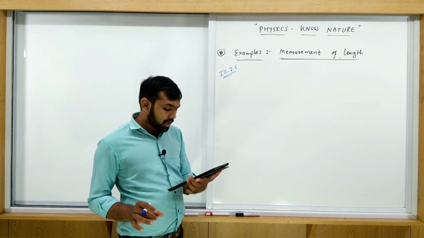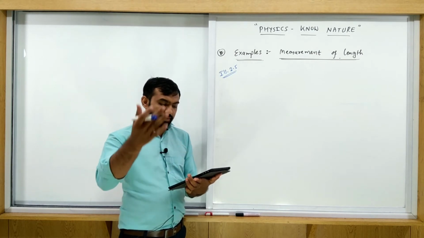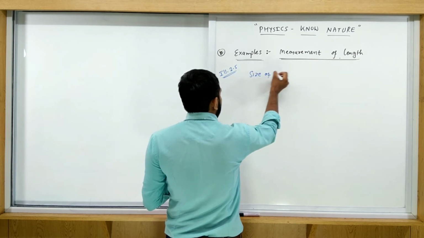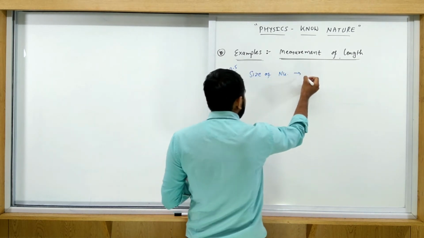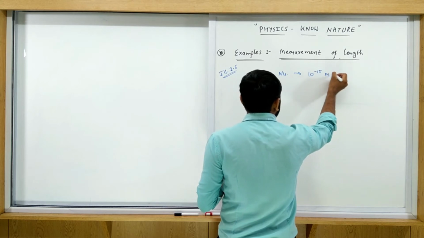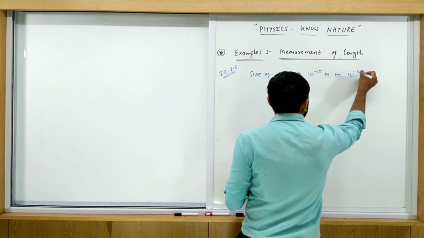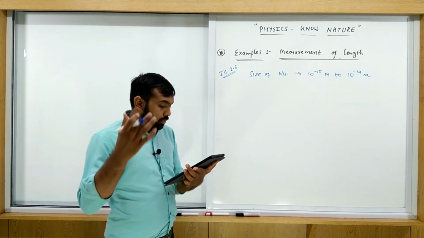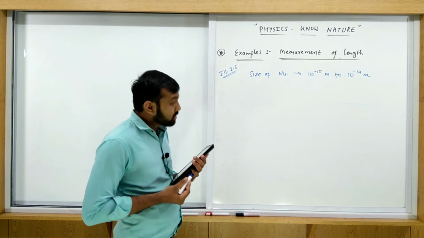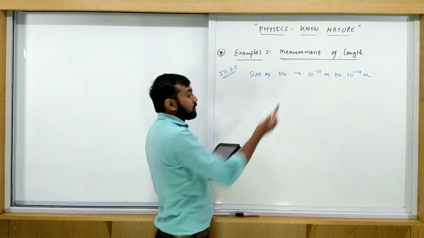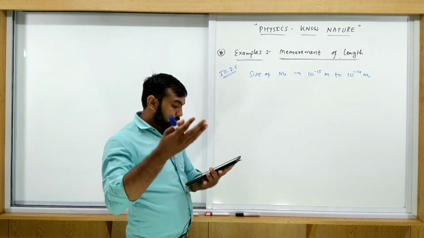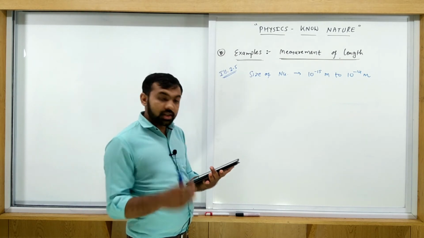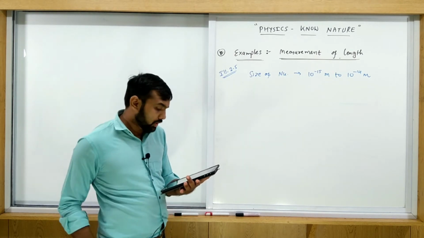If the size of nucleus is in the range of 10 raised to minus 15 to 10 raised to minus 14 meter, is scaled up to the tip of a sharp pin. Means if you increase the size of nucleus up to the tip of a sharp pin, what roughly size of atom increases? Okay, means we are finding out the new size of atom.